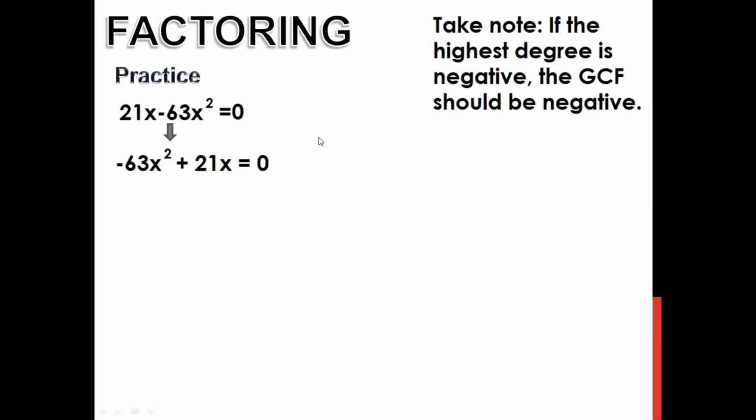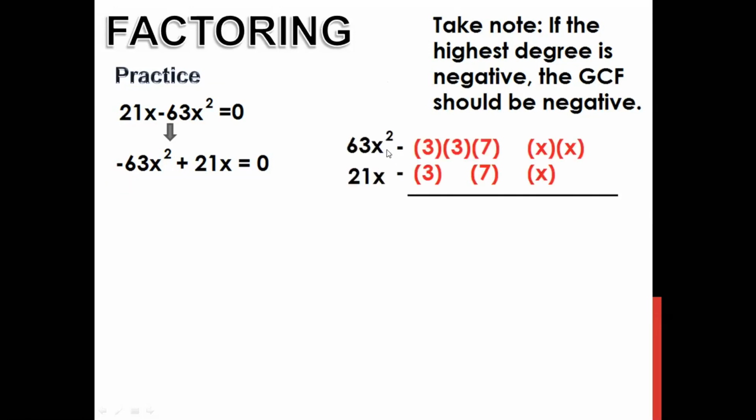So let's find the GCF. The prime factors of 63 are 3, 3, and 7, and we have x, x. Then the prime factors of 21 are 3 and 7. Then we have 1x.